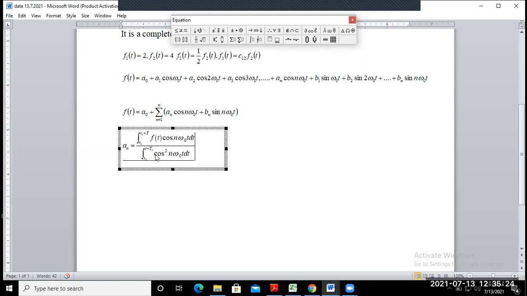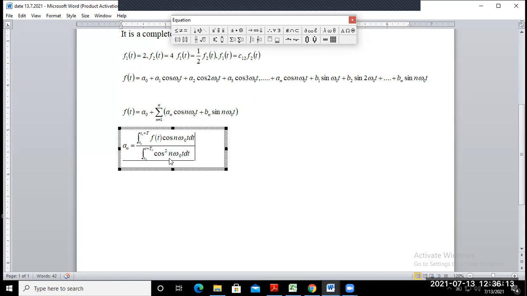Okay, if you simplify this denominator part, that means the integration from t0 to t0 plus capital T, how can you write cos square n omega naught t? We can write cos square n omega naught t equal to 1 plus cos 2 n omega naught t by 2.